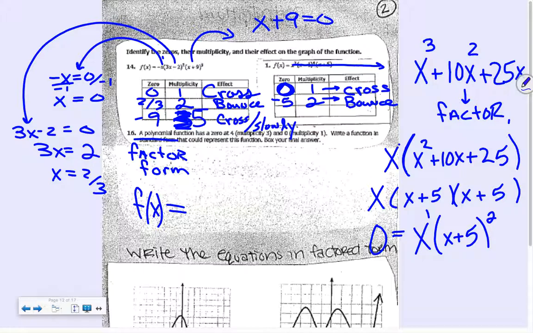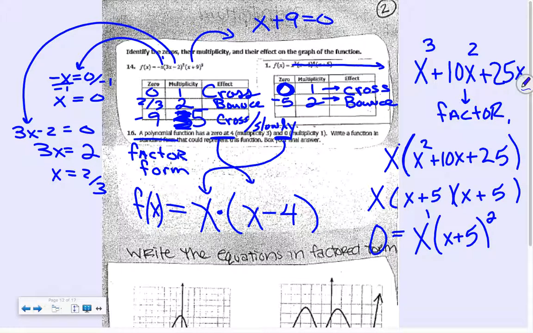My polynomial function f of x is, if you have a 0 at 4, and you have a 0 at 0, tell me this, if your 0 is 0, where does that come from? Would there just be an X? That's just x, yeah. X times. If your 0 is 4, what factor does that come from? X minus 4. Yes.